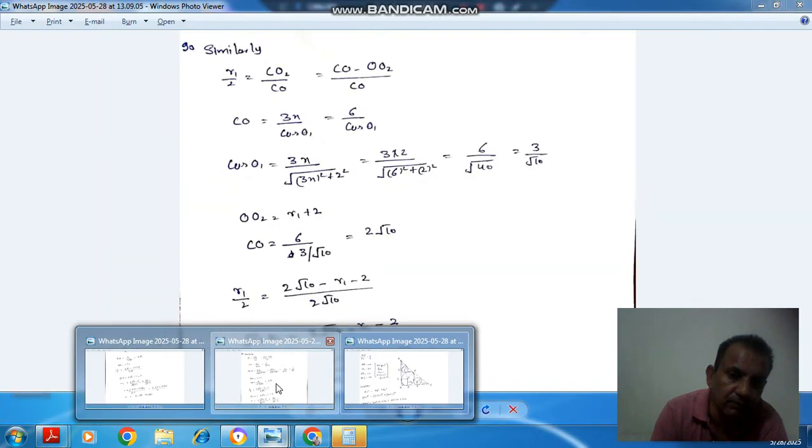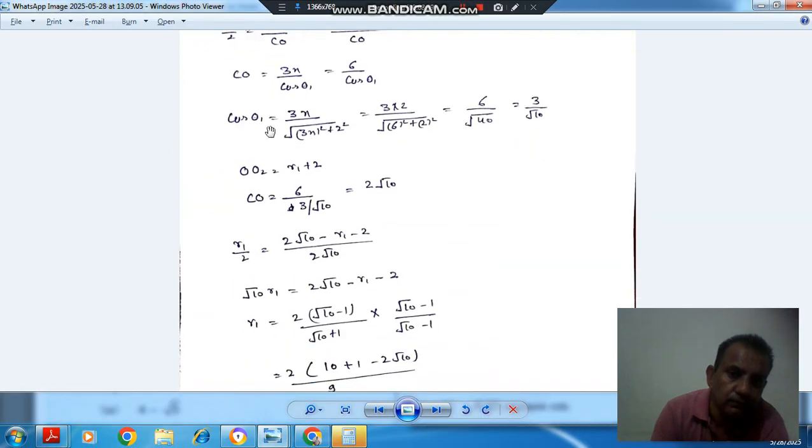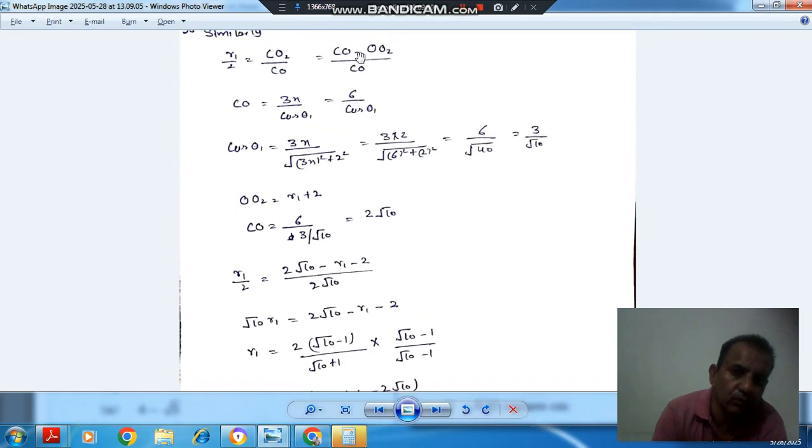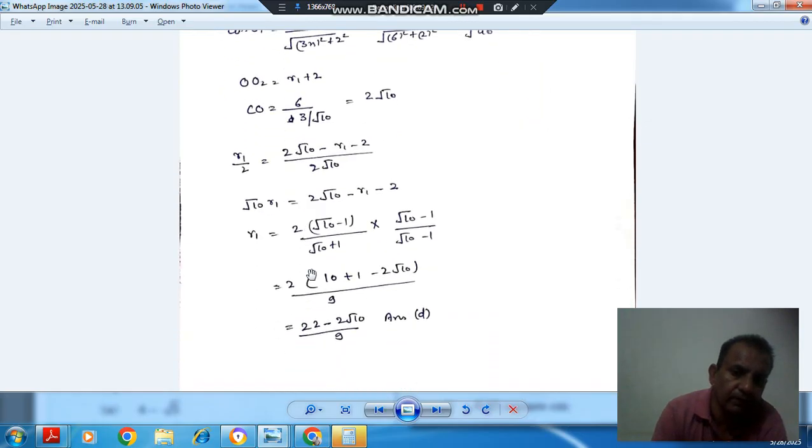So cos theta 1 will be 3x by root 3x square plus 2 square, putting x we get cos theta 1 as 3 by root 10, and OO2 will be R1 plus 2, the same way. Now we can put the value of cos theta 1, so CO will be 2 root 10. Now we can put the value of CO and OO2 here and find the value of R1, which comes out as 22 minus 2 root 10 by 9, so the answer is option D.